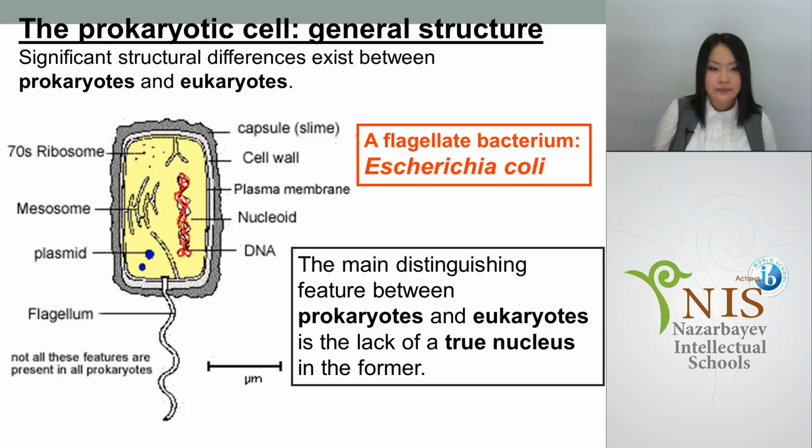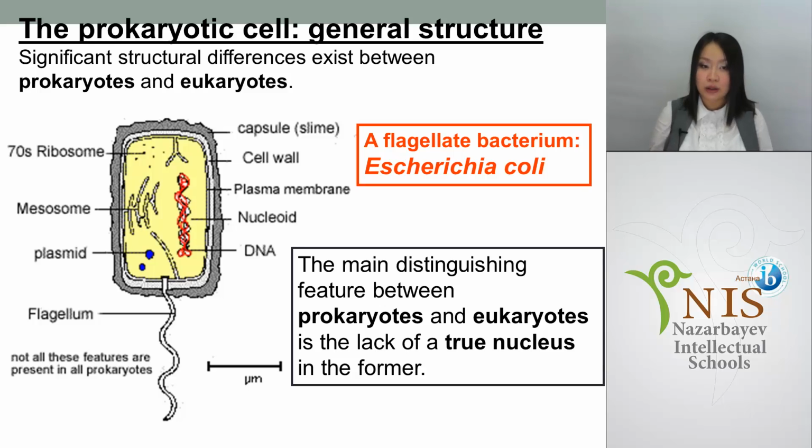E. coli first has, outside, a capsule. Do you see that? Dark gray, the capsule. Why do bacteria need a capsule? Most bacteria have capsules. The capsule protects them from the outside environment, bad conditions.